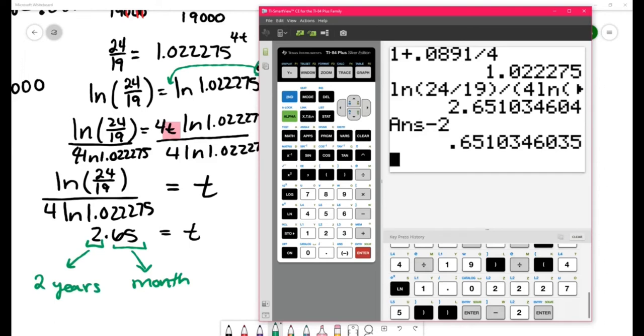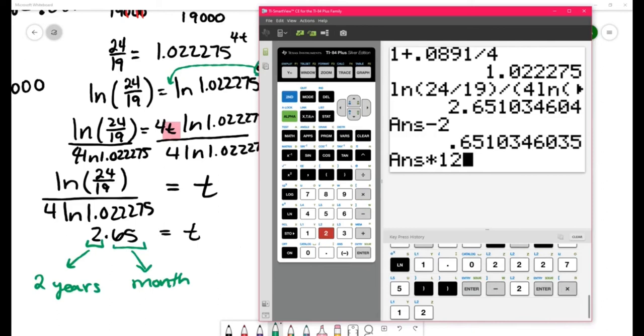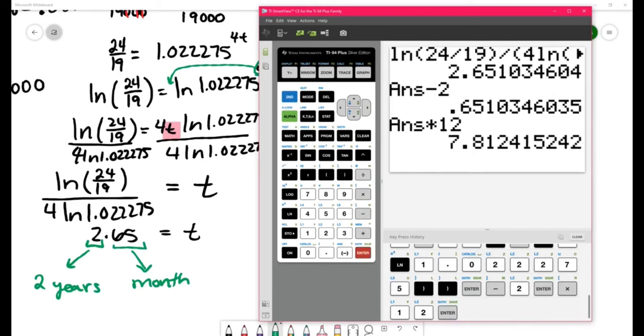And in order to convert this in years to months, I have to know how many months are in a year. There are 12 months in a year. So I'm going to be able to multiply this value by 12. And that converts this to months. And since we have another decimal answer here, and it only wants it in years and months, I think I'm going to round up to 8 months.